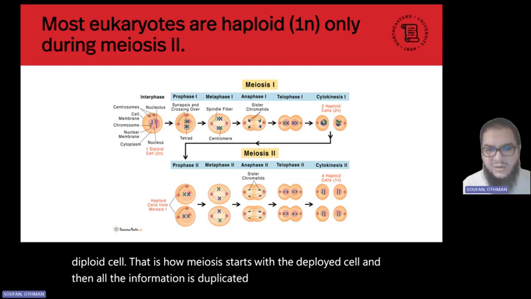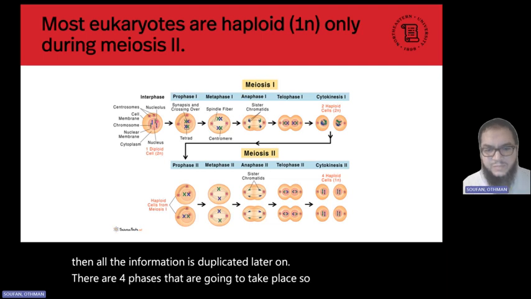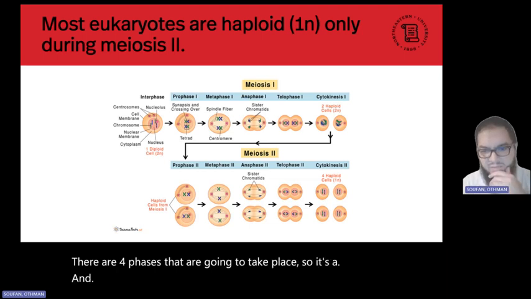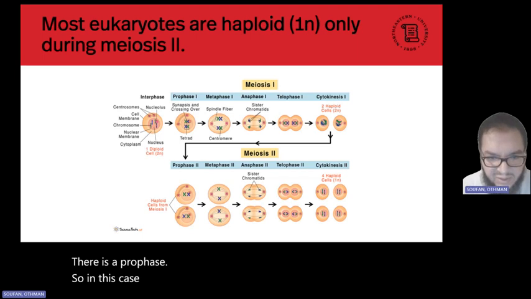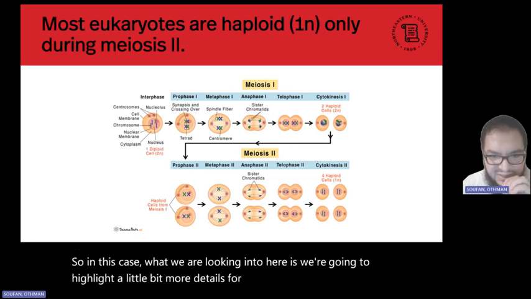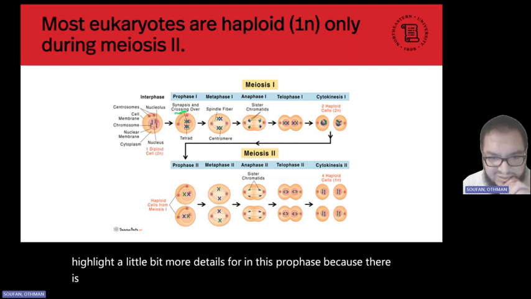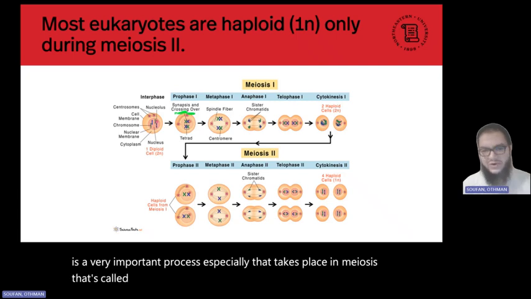Later on, there are four phases that are going to take place. There is a prophase. In this prophase, I'm going to highlight a little bit more detail, because there is a very important process, especially in meiosis, that's called crossover.